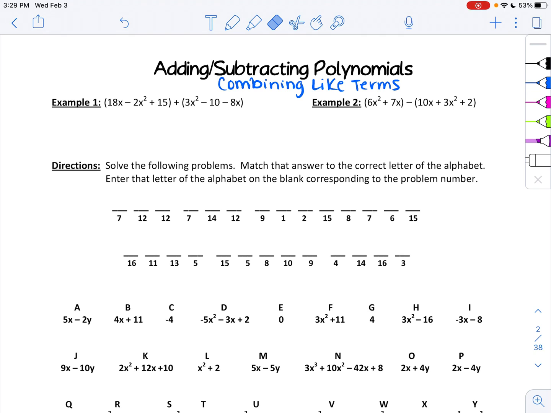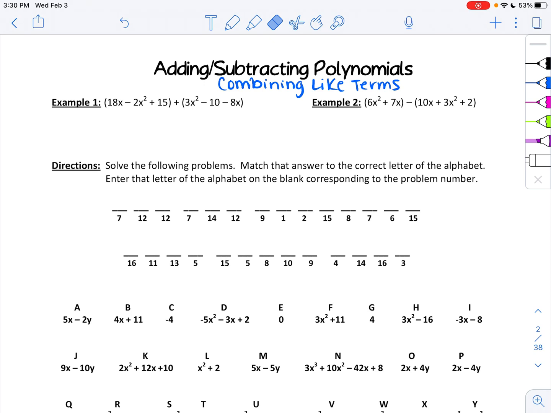So the first example, we're adding two trinomials. So again, it's a trinomial because it has 3 terms. And the second one also has 3 terms. So to add these two trinomials, we just have to combine our like terms. And remember, the variables and their exponents have to be exactly the same in order to combine them.